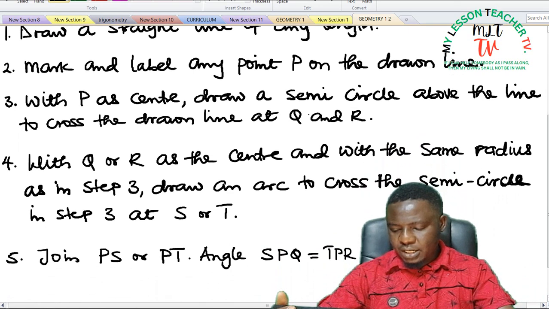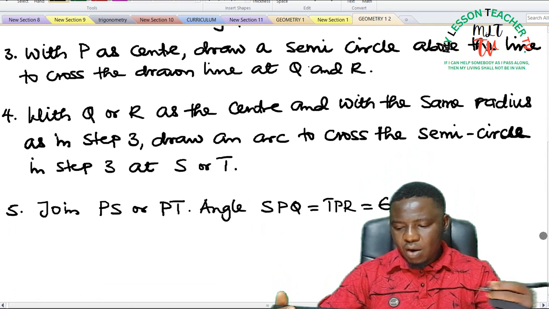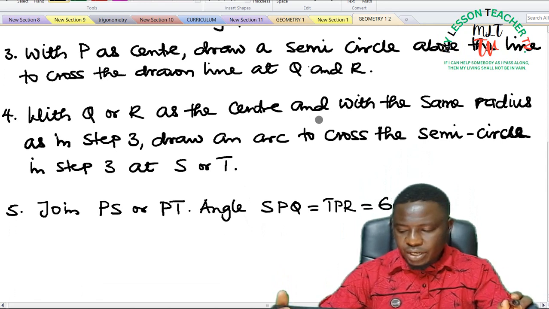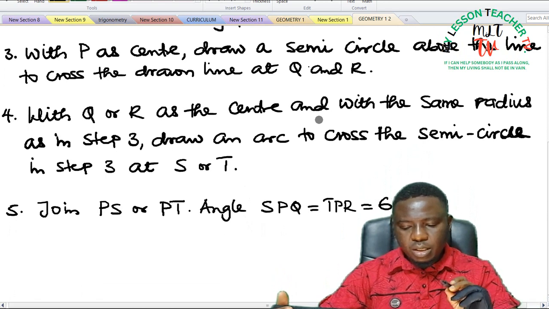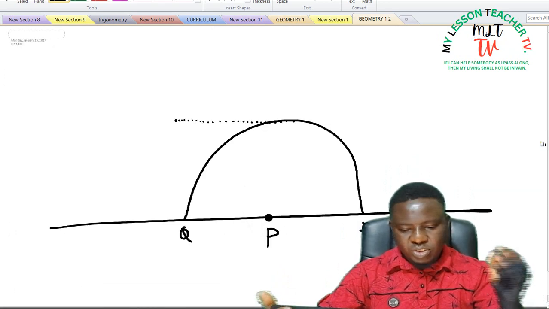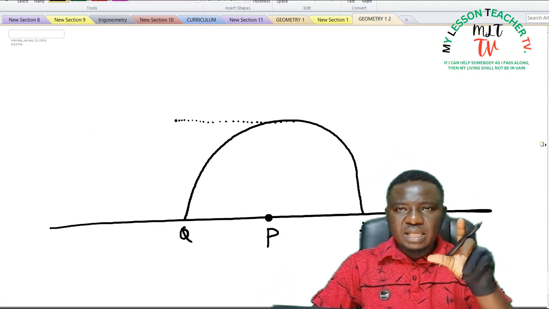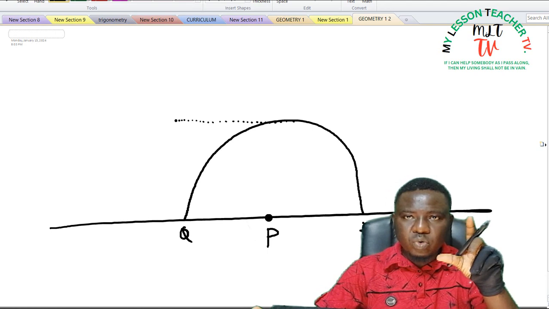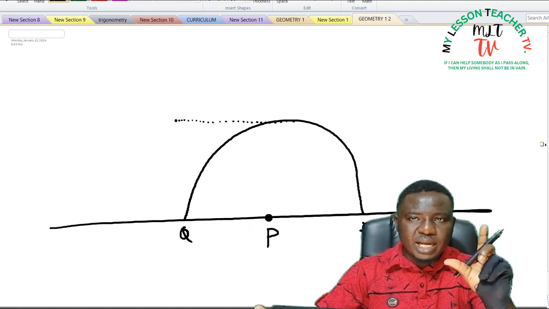Step 4, that with Q or R as the center and with the same radius as in step 3, draw an arc to cross the semicircle in step 3 at S or T. So what that entails is this. The arc radius you used in constructing the semicircle, you are not to alter it.